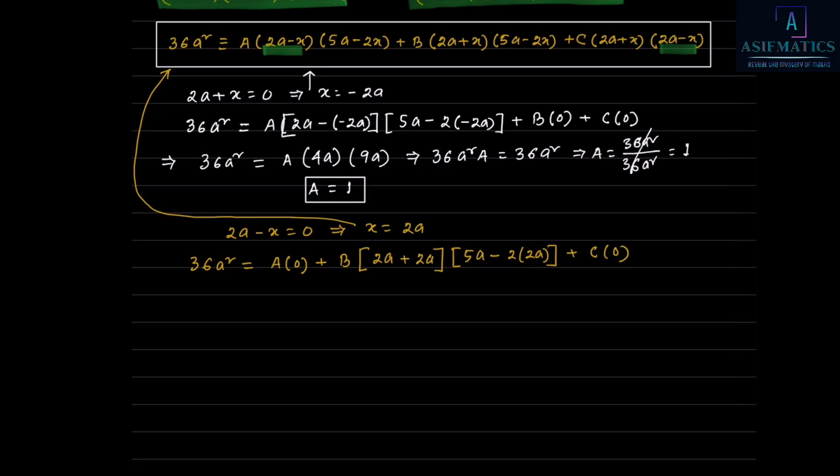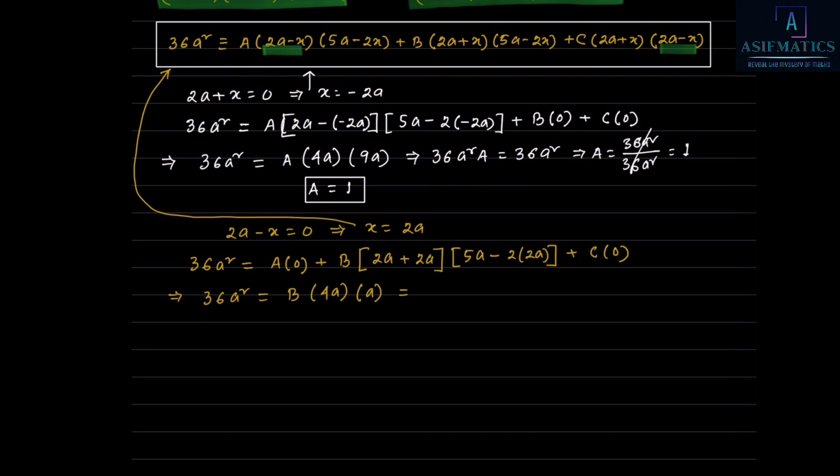Then we can write 36a square equals b times 4a times 5a minus 4a, which is a.